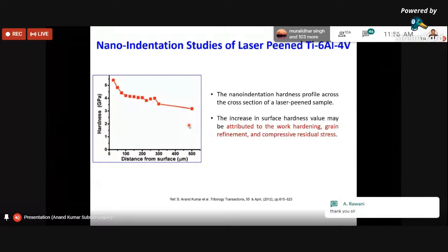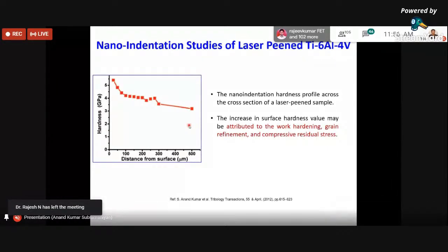So it has to be chosen because, for example, titanium is also very reactive when we do this process. During the SMAT process, inside the chamber, people have measured the temperature rising to about 100 to 150 degrees centigrade.